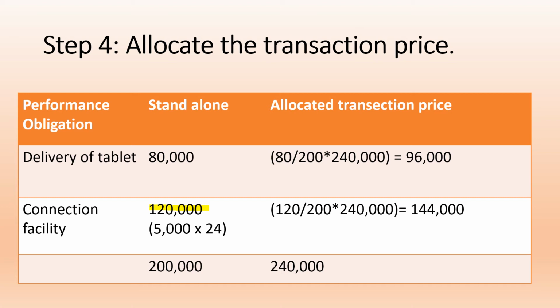Now, in this question, it's mentioned that the customer will agree to pay rupees 240,000 for both the tablet and connection facility. So now we have to distribute this among the tablet as well as the connection facility based on the proportion of standalone prices.